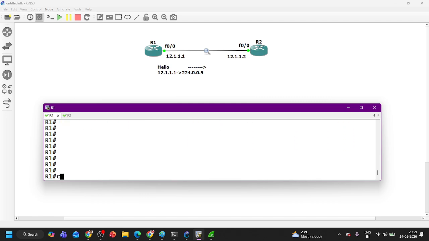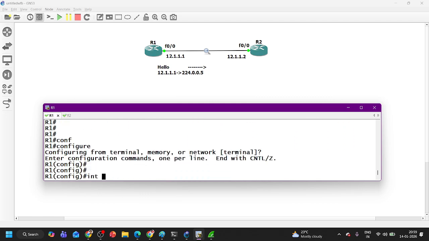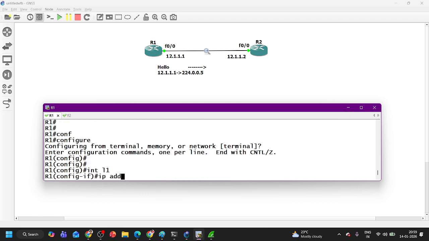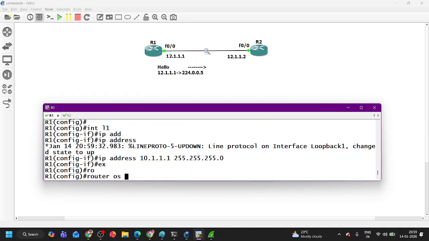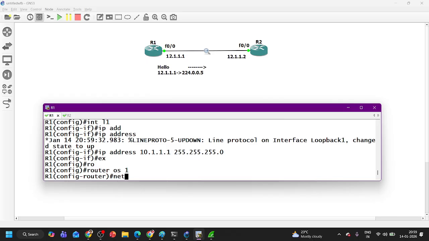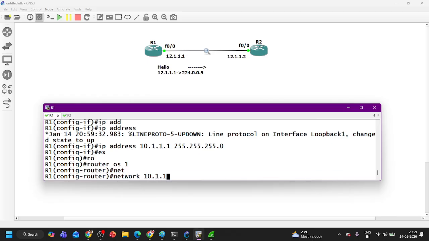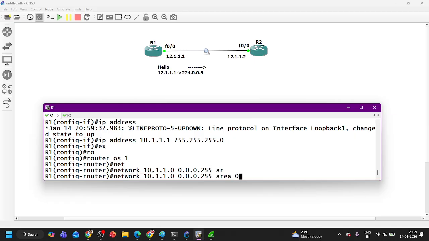If I create a loopback on router number 1, interface loopback 1 with IP address 10.1.1.1 and mask 255.255.255.0, router ospf 1 and network 10.1.1.0 with wildcard mask 0.0.0.255 and area 0.